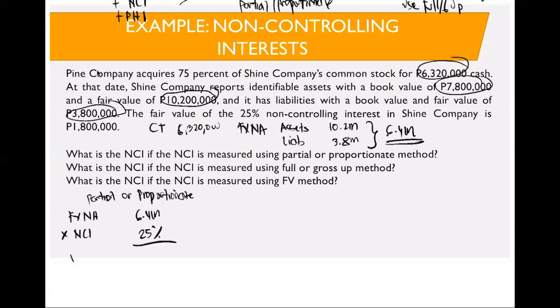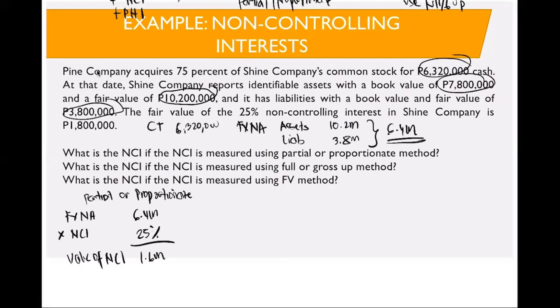So what is the value of the NCI? 6.4 million times 0.25 will give us 1.6 million. So our answer, what is the NCI if measured using partial or proportionate method? 1.6 million pesos.